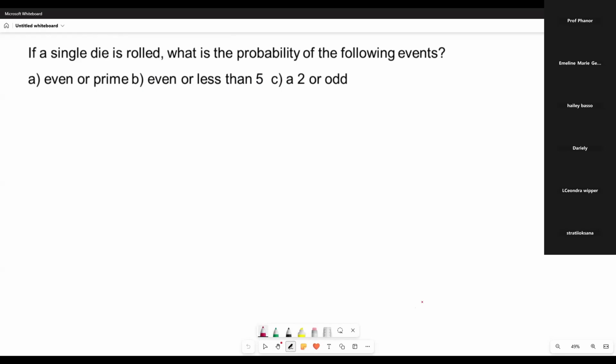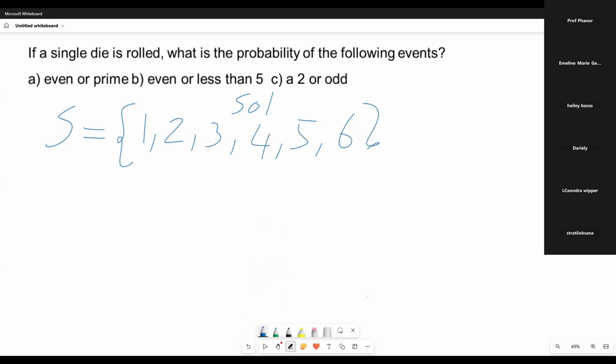Now, let's try this one here. Okay, so if a single die, talking about a single die, the sample space will be 1, 2, 3, 4, 5, 6, because a die has 6 faces.